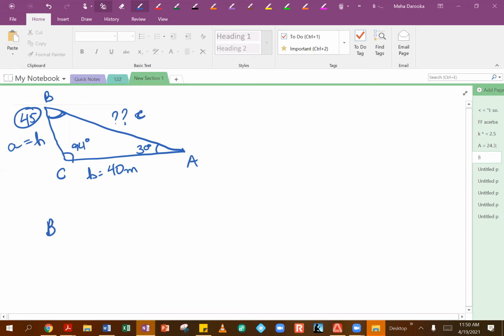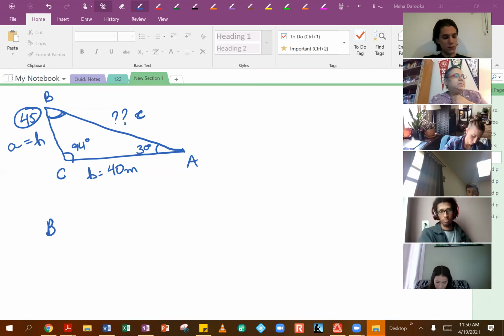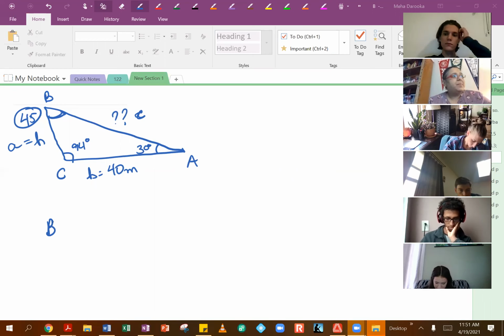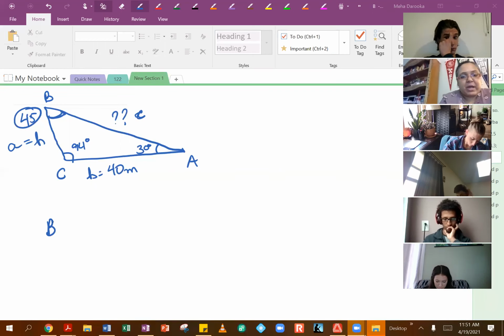What is that going to come out to? Abdulaziz, 56. Yeah, same thing, right? All three angles have to add up to 180 degrees. So same thing, you will take 180 degrees and just subtract the two angles from that.